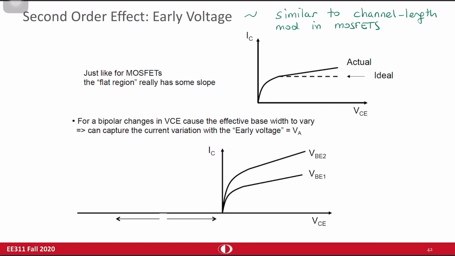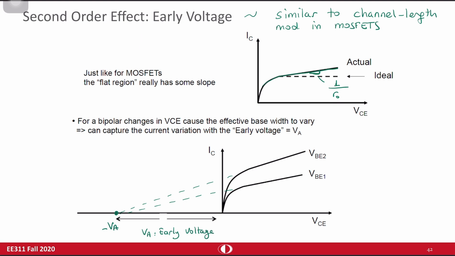In the actual case, there is some non-zero slope in here, and this slope corresponds to 1 over R0 resistance. And they find it by using some experimental calculations. Each of these lines crosses at the minus VA point, where VA is the Early voltage.